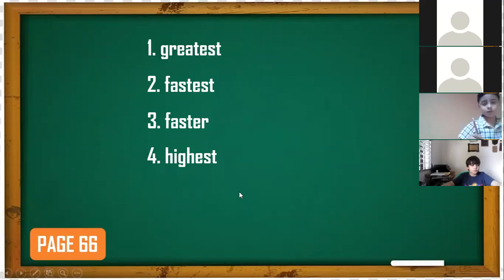Now let's continue with Ana Gabriela, the number 5. It is neat, and we are going to add EST. Which word, Miss? Neat, from the sentence number 5.